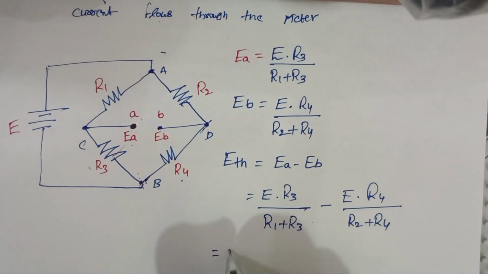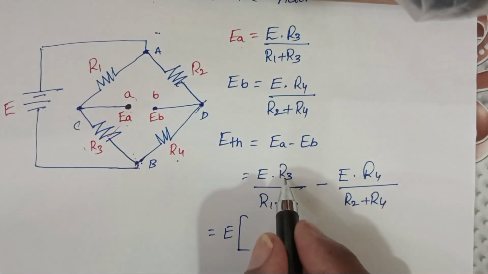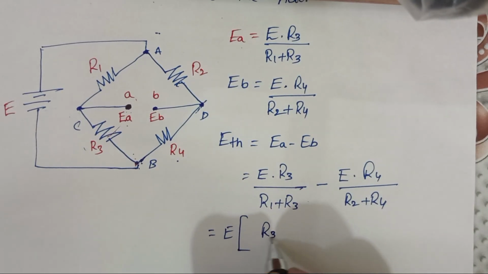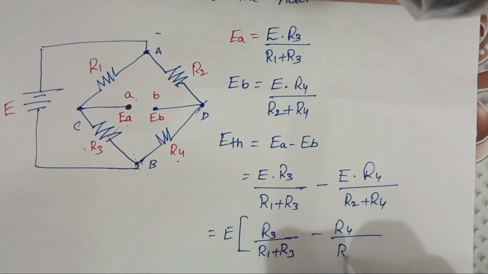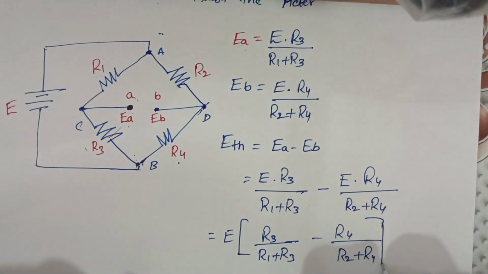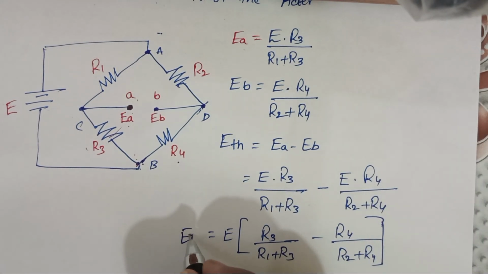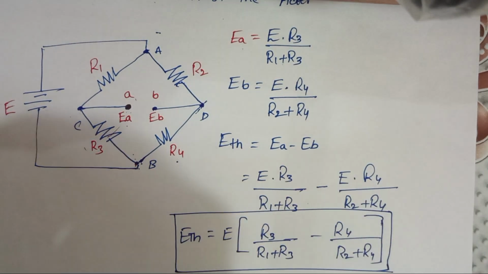Taking E as a common term, ETH is equal to E times the quantity R3 by R1 plus R3 minus R4 by R2 plus R4. It is Thevenin's equivalent voltage.